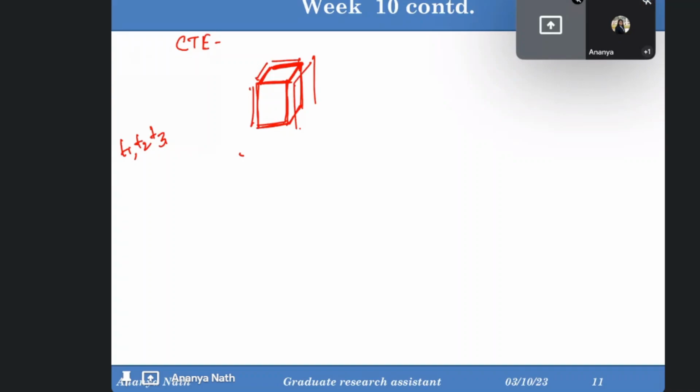It's very different from other models. So you understand what I am drawing?